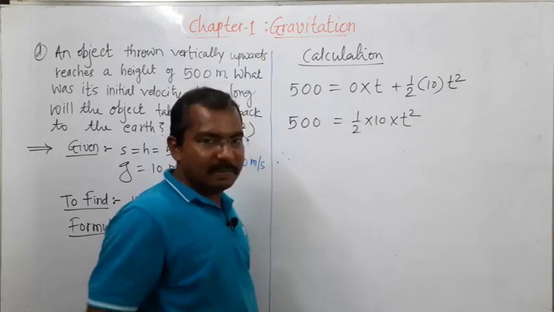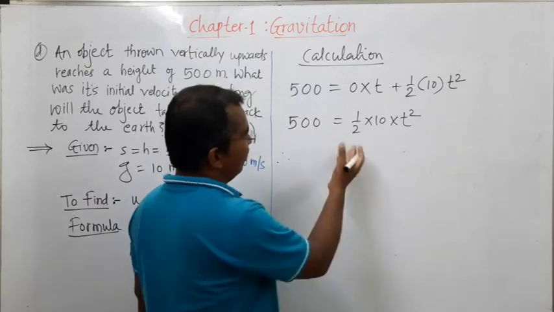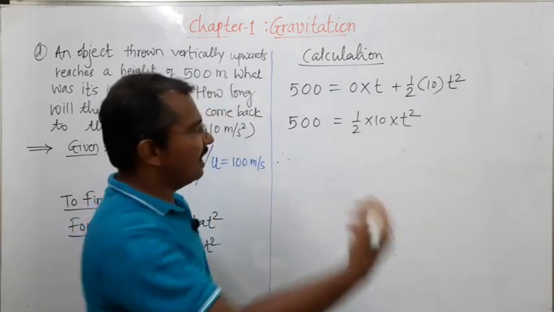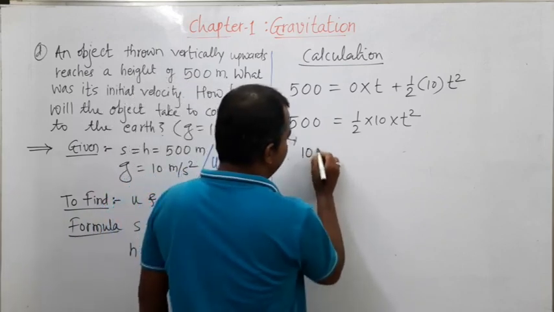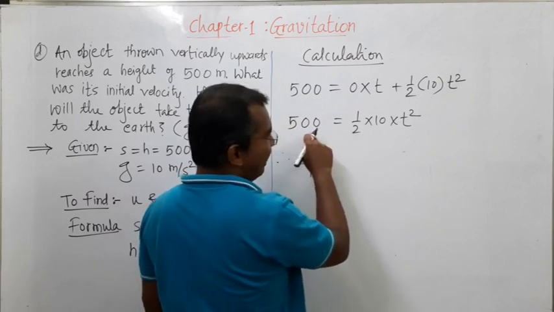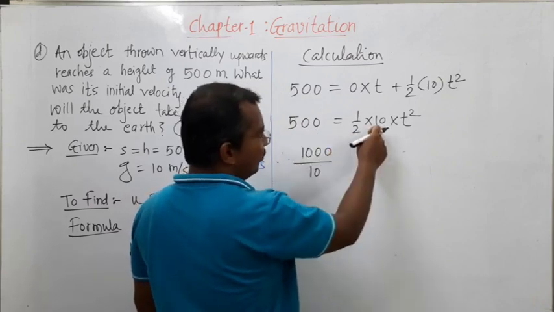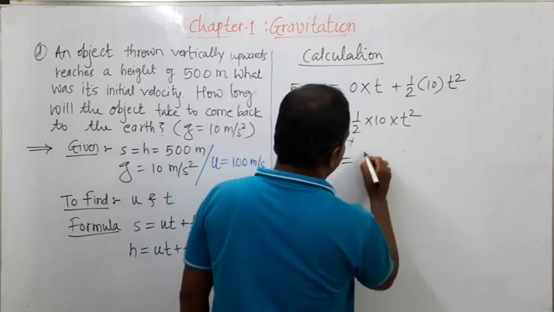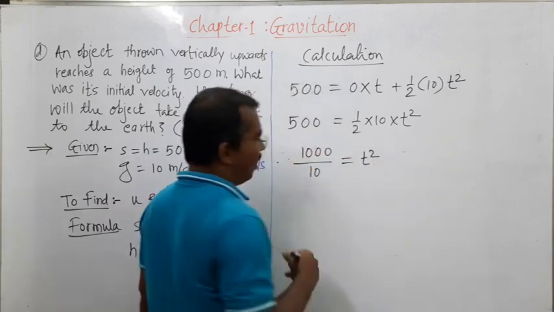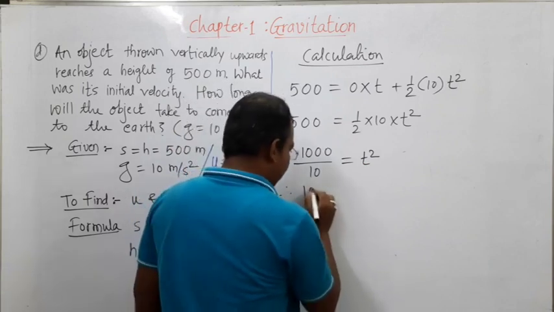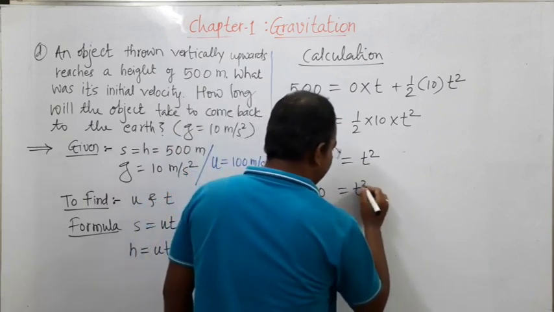Make the simplification. This will be 500 into 2 will be 1000 divided by 10. This will be multiplied here, therefore it becomes 1000, and this will divide here on LHS, equal to t square. 1000 upon 10 is 100. 100 is equal to t square.